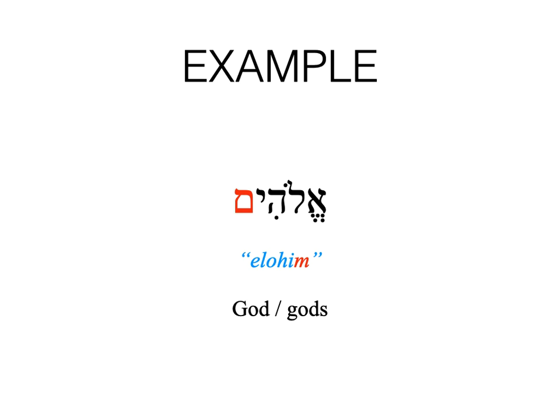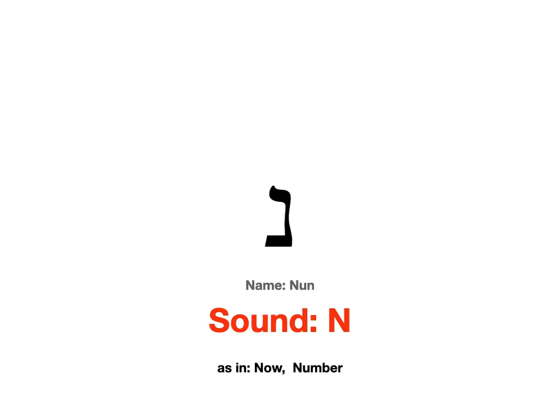It means God or gods. And in this case, you know actually all the letters. We have a silent aleph, then we have a lamed, then we have a he, then we have the yod, which is not a consonant, this is just a vowel because it has nothing underneath and it has that one dot in front, so it's the vowel E, Elohim at the end, M, final mem.